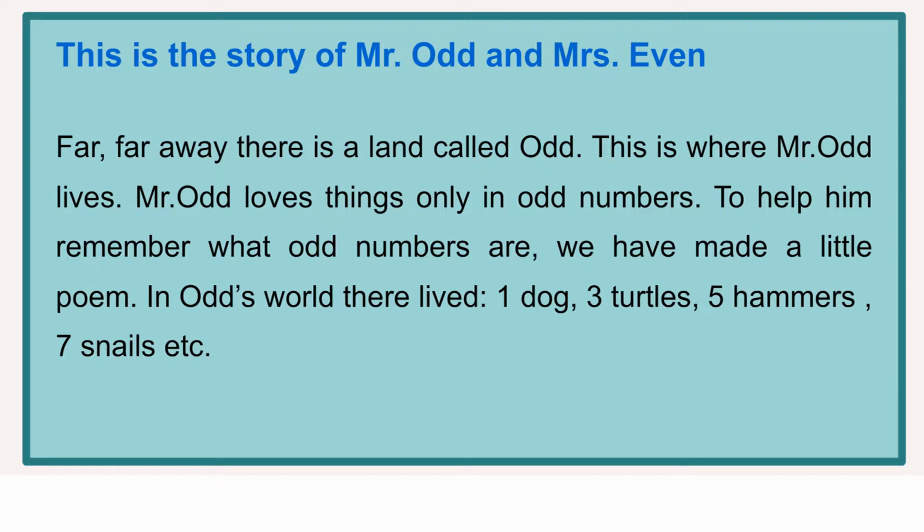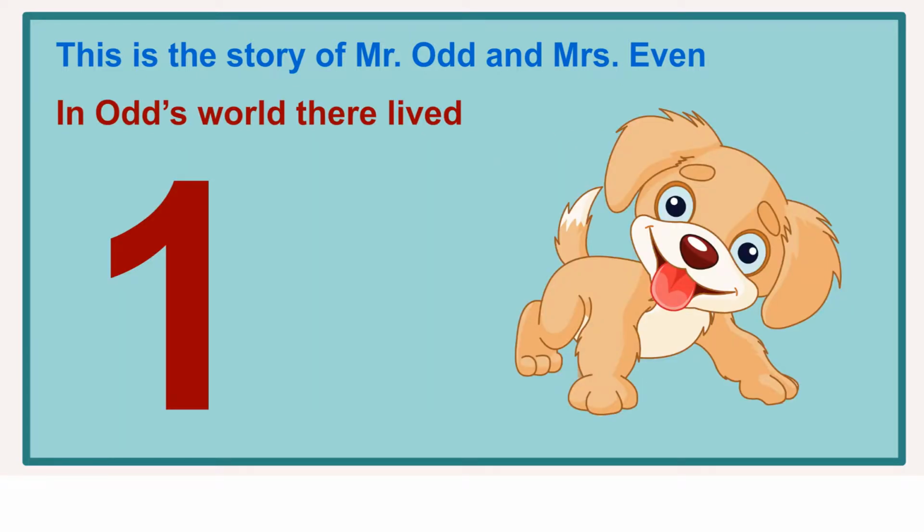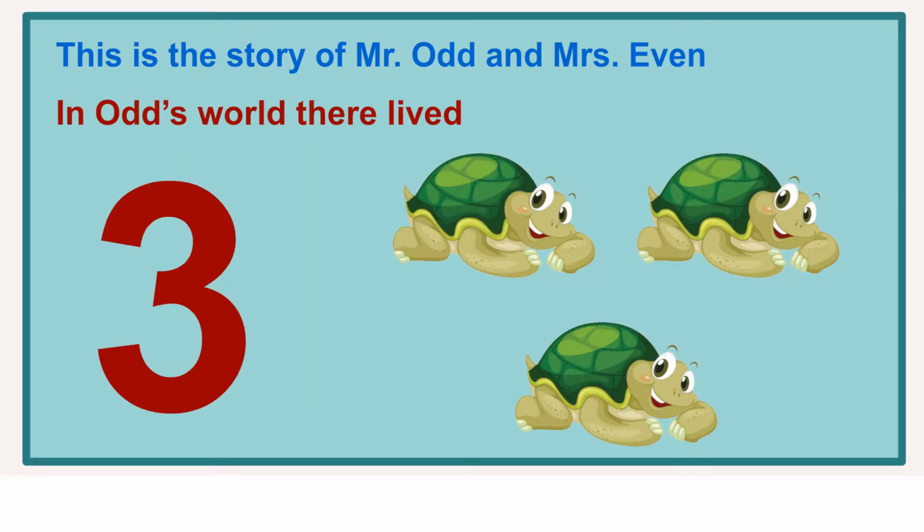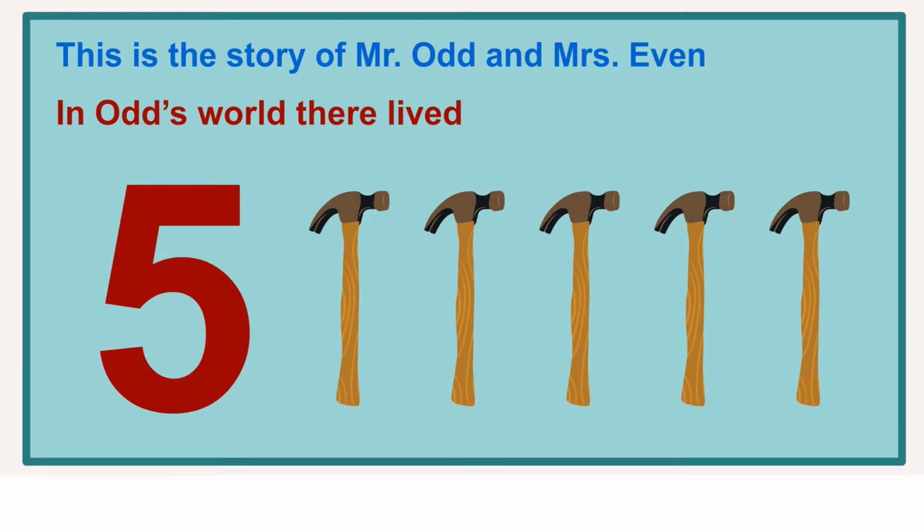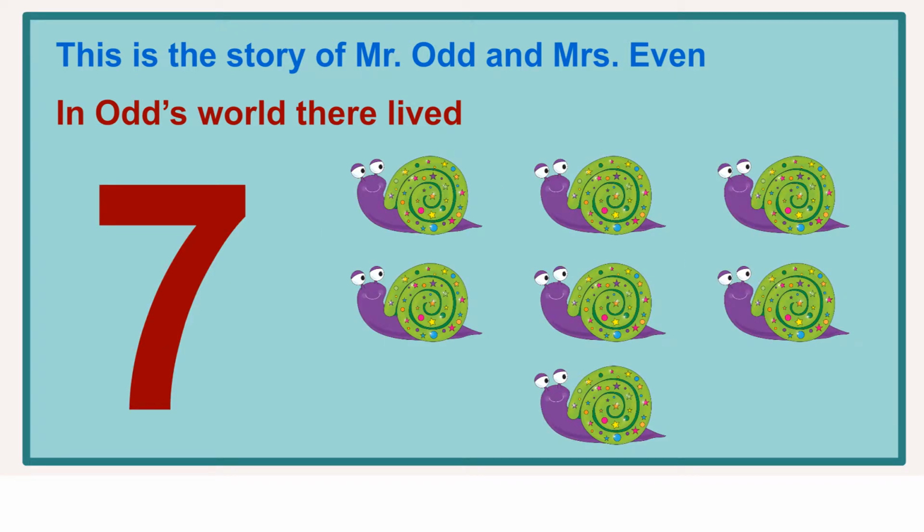This is where Mr. Odd lives. Mr. Odd loves things only in odd numbers. To help him remember what odd numbers are, we have made a little poem. In Odd's world, there lived 1 dog, 3 turtles, 5 hammers, 7 snails, etc.